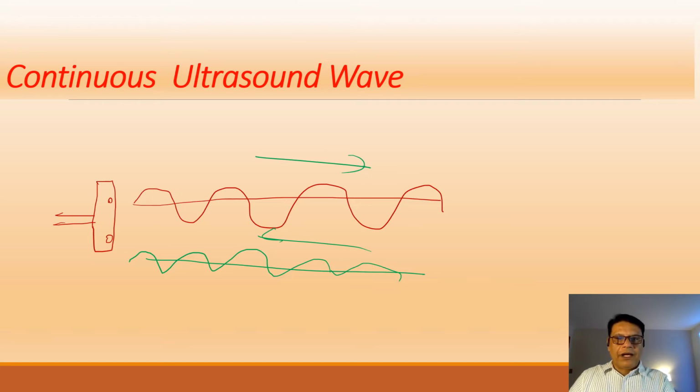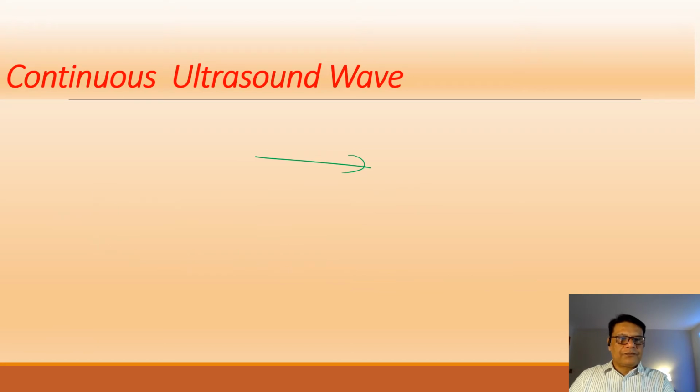So they do not make imaging, and they are used to calculate high velocities, especially in cardiovascular ultrasound. We will discuss it later. For now you need to remember that there are two types of transducer. One is the continuous wave transducer, and the other is the pulse wave transducer.